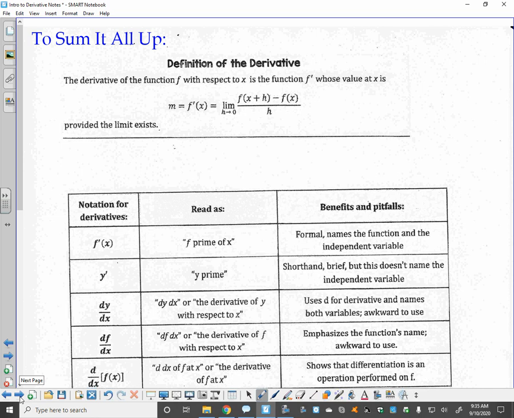Okay, to sum it all up, we have the definition of a derivative. The derivative of the function f with respect to x is the function f prime, whose value at x is, now you should know why we're using m, because we're talking about slope, m is f prime, which is this limit of (y minus y) over (x minus x), provided that the limit exists.